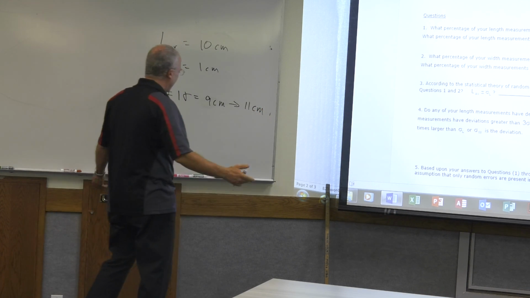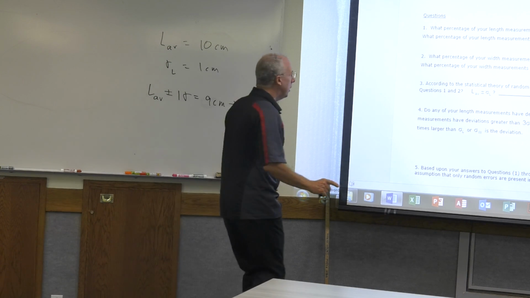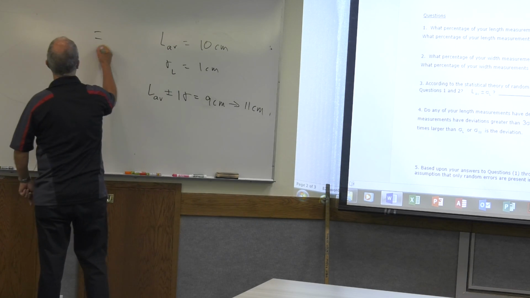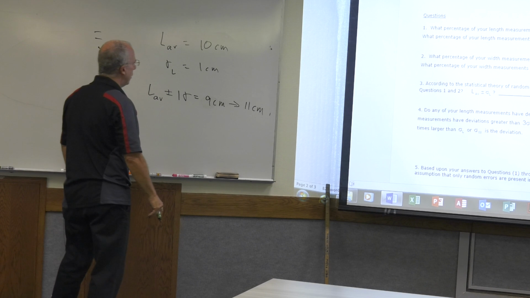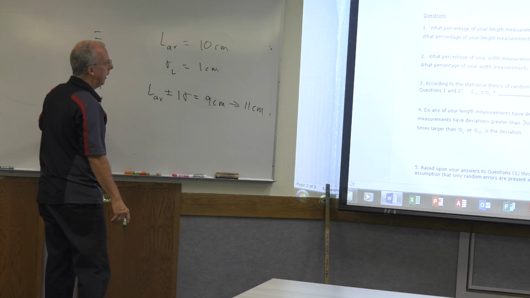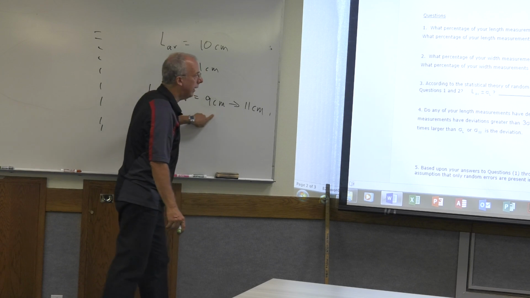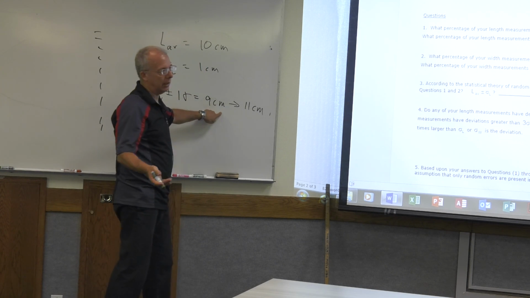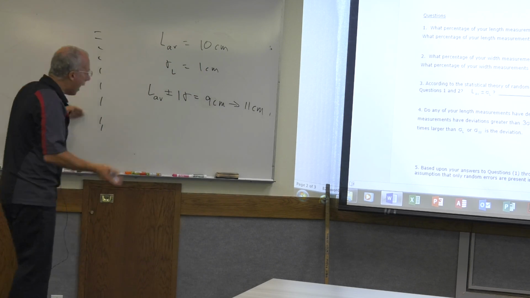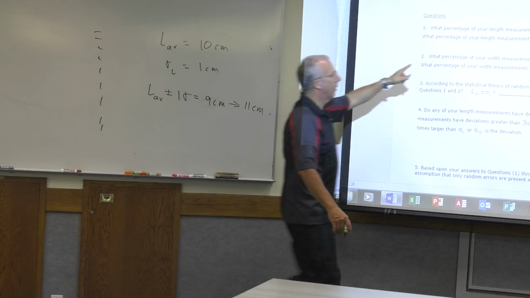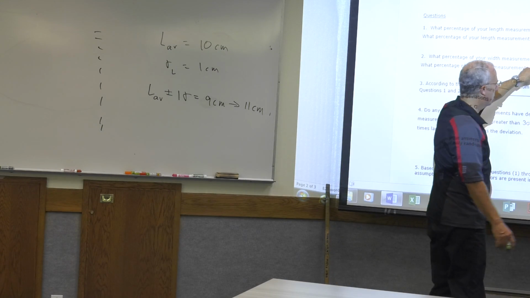So what you have to do is look at your 10 measurements and figure out how many of them are within this range and calculate the percent. So like if there's 9, then it would be 90%. Do the same thing with the width.